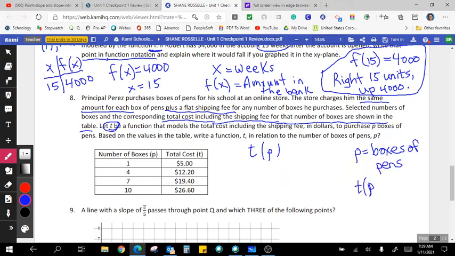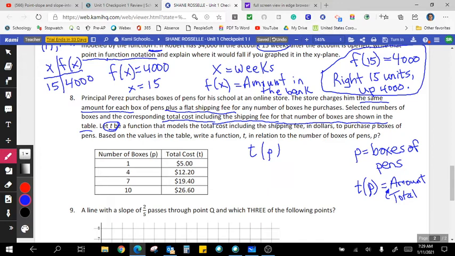T of p equals the total amount. It means the total amount, no matter how many boxes of pens we order, right? So based on the values in the table, write a function t in relation to the number of boxes of pens.